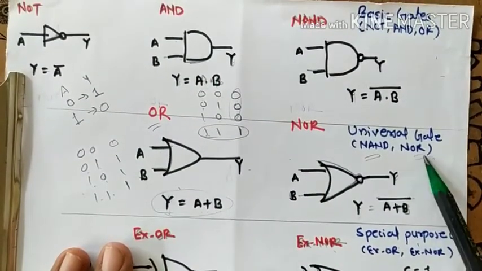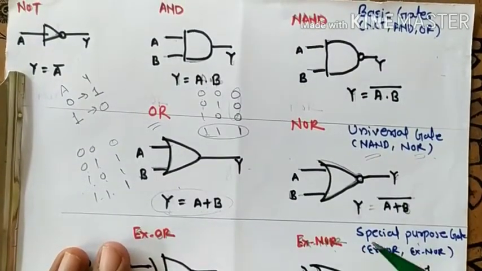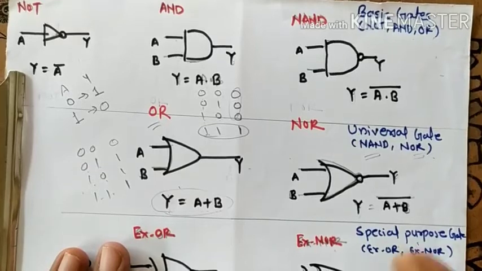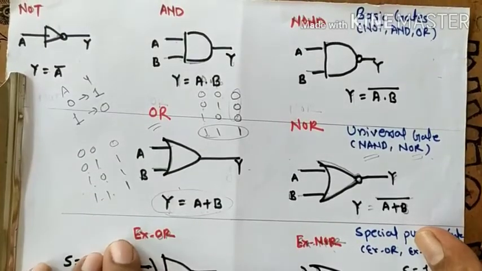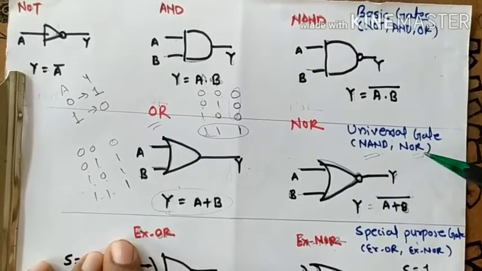And with the help of the NOR gate also you can implement NOT gate, AND gate, then XOR gate or XNOR gate, any gate. That's why we say it is a universal gate. We will see this in the next lecture. So see here, universal gates have two types, NAND and NOR.